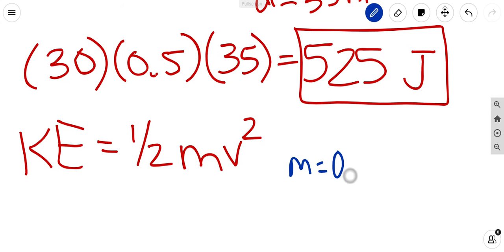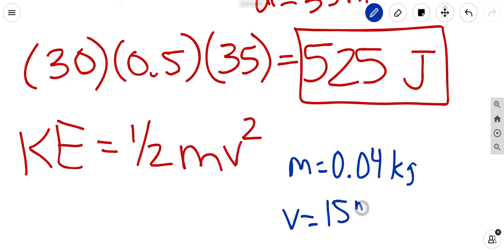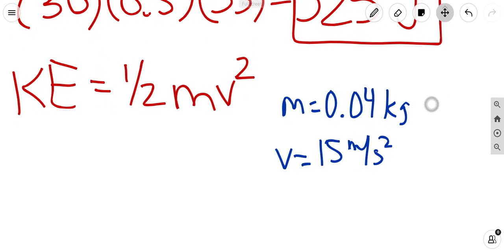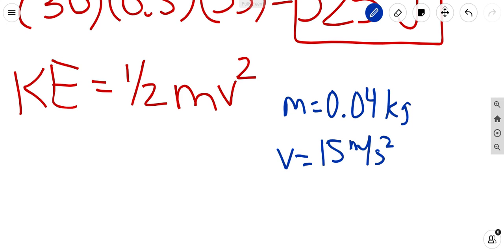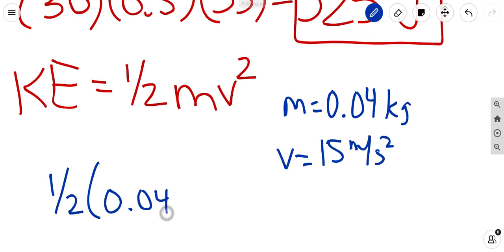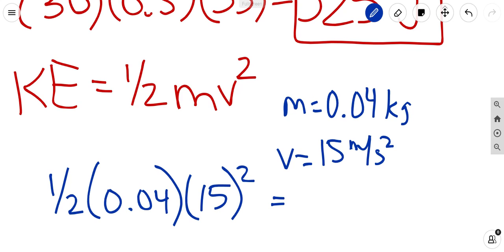It's probably 0.04 kilograms. And maybe the bicep curl, moving from arms being straight to bending them, you generated a velocity of 15 meters per second because they're so light. When we calculate kinetic energy, all you do is just plug in 1/2 mass times velocity squared.